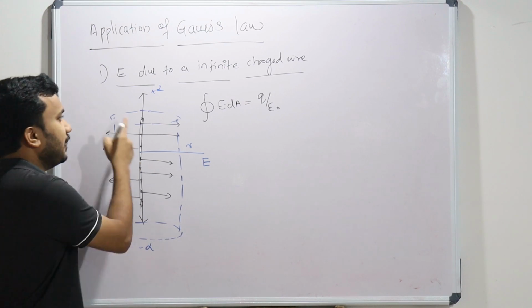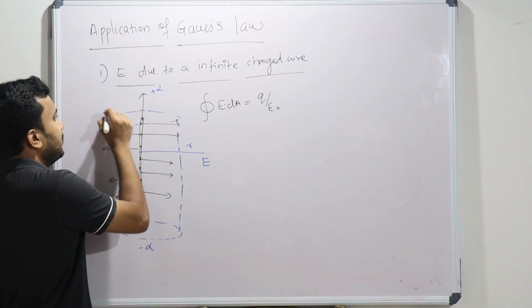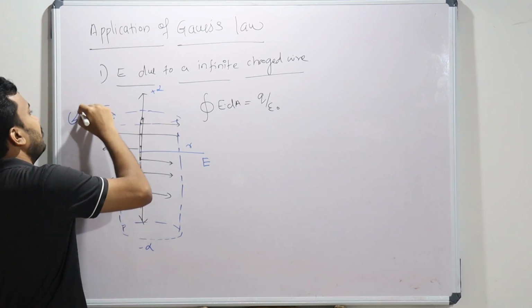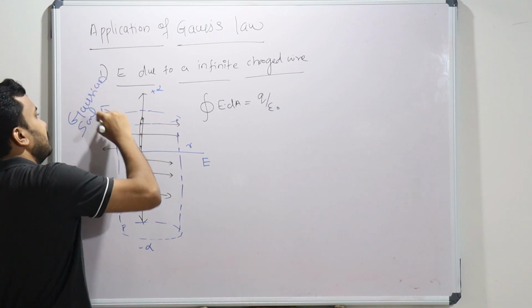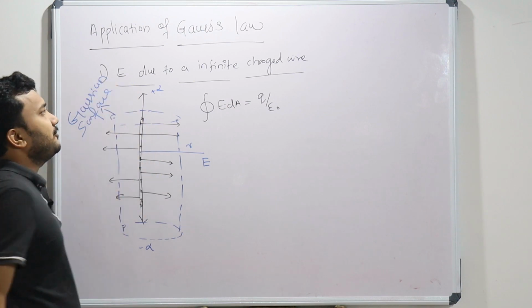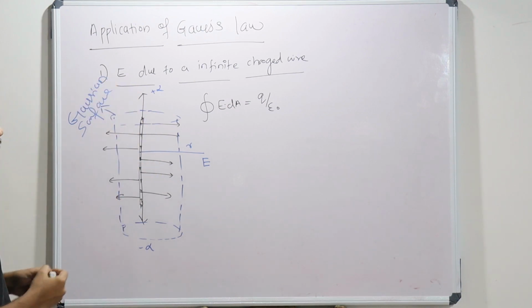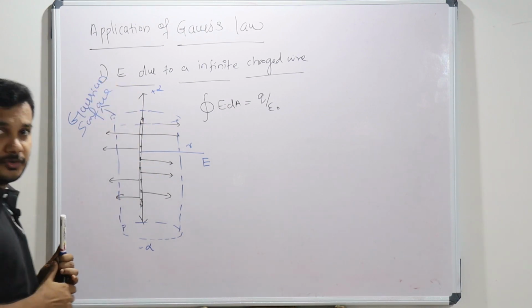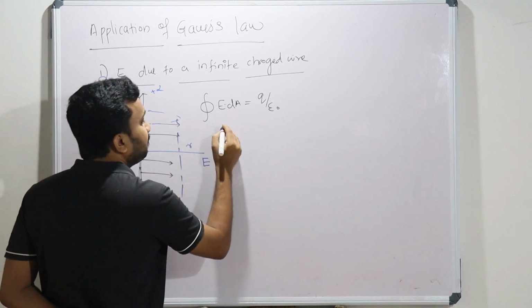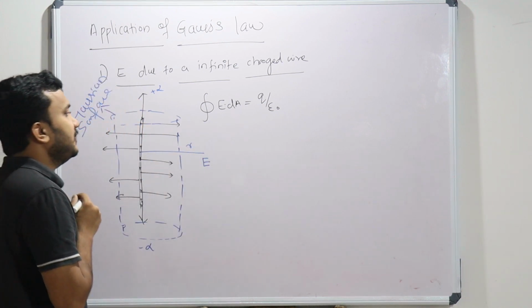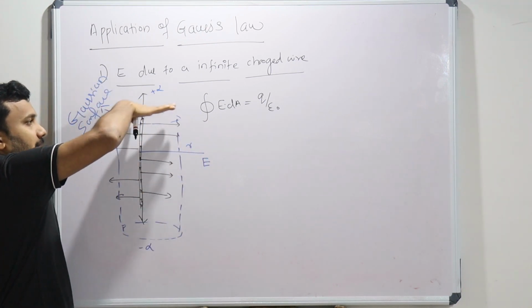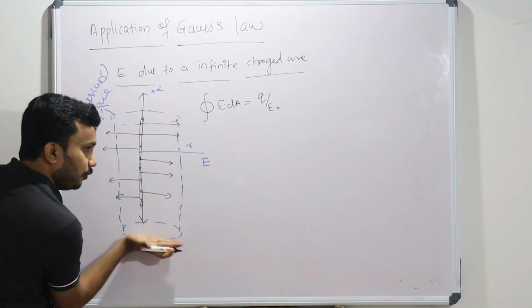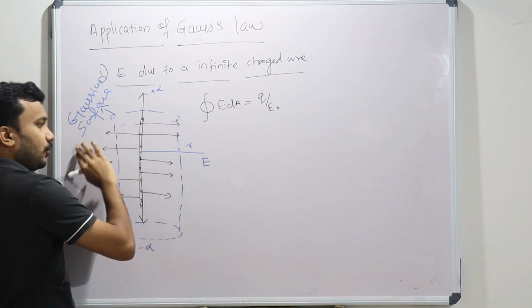For that we have assumed a Gaussian surface. This blue color stuff is called the Gaussian surface. It is nothing but an imaginary surface we assume in order to use Gauss's law. How many surfaces are there? If it is a cylinder, there is a top plane plate, a bottom plane plate, both circular, and the curved part.